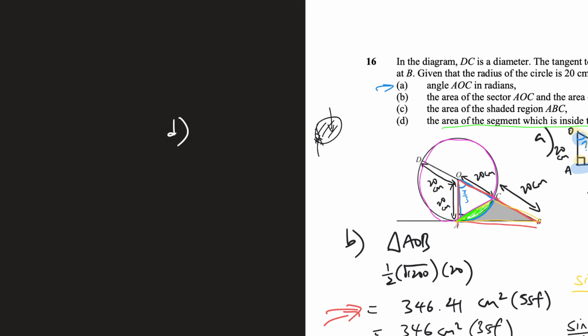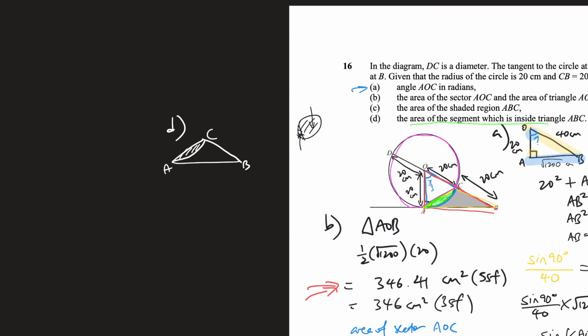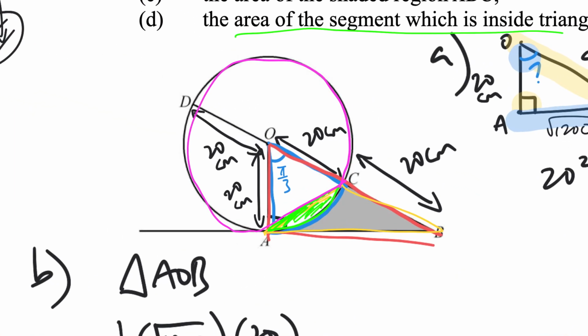Okay, so we have ABC. And then we are trying to find this area. And the area of the shaded region we've already found. Okay, so let's try to find the area of ABC first. The first thing is, can I find this angle?